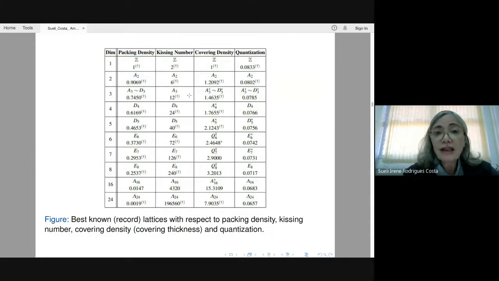Again, for the kissing number we have the same, and the dual lattice corresponds to the best quantization. Exceptional lattices, you can see here, are good for everything. In dimension 8, almost good for everything. It's a very special property. And in dimension 24, this is the Leech lattice, which is very special, right?